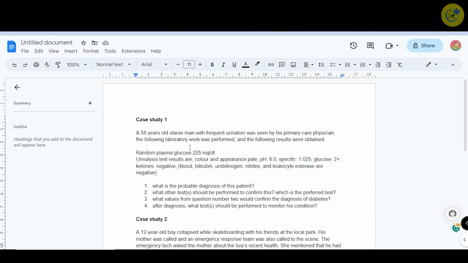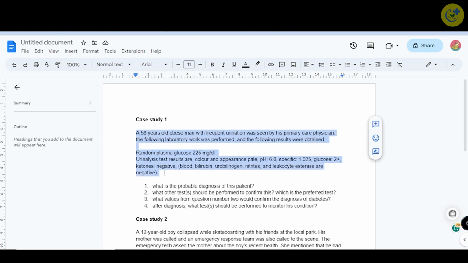Random plasma glucose 225 milligrams per deciliter, and urinalysis test results are: color and appearance pale, pH 6.0, specific gravity 1.025, glucose 2 plus, ketone negative. Blood, bilirubin, urobilinogen, nitrites and leukocyte tests are negative. So using these results, we can enter all this information.